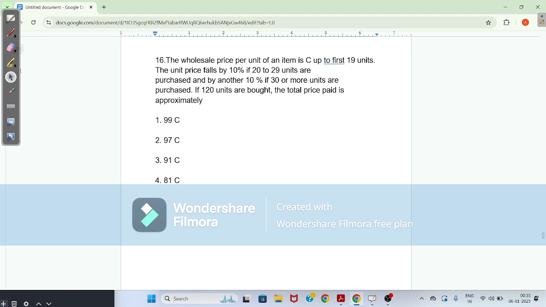Now the question: the unit price is fixed for the first 19 units, and the unit price falls by 10% if 20 to 29 units are purchased, and by another 10% if 30 or more units are purchased.